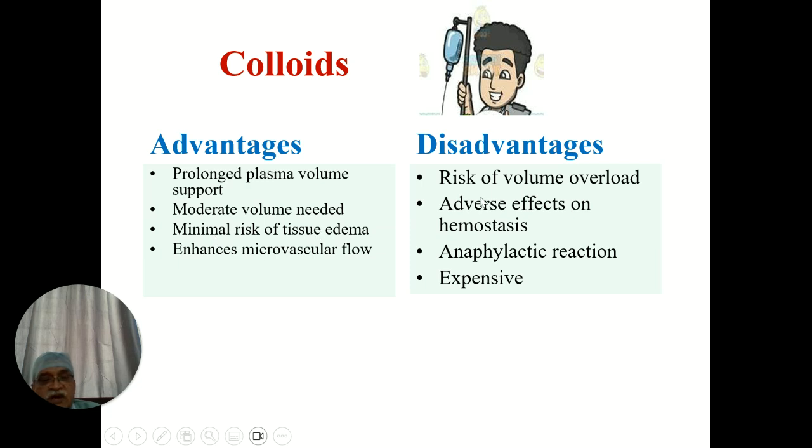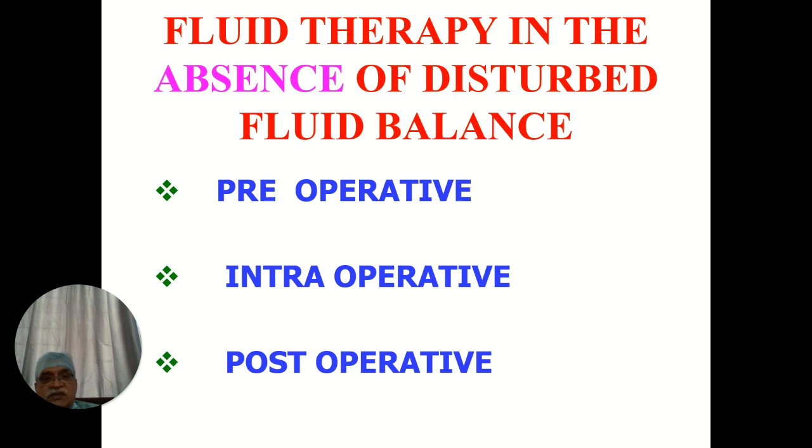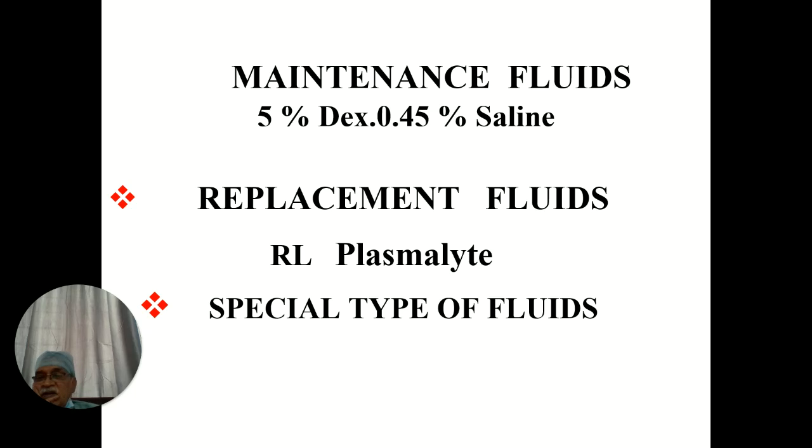and expensive. Intraoperative fluid therapy: replacement in surgical patient preoperatively, they require 2 ml per kg of body weight, 5% dextrose, 0.4% saline. Then replacement fluids during the operation, because of the blood and the evaporative losses from the tissues, are replaced with ringer lactate and plasma.